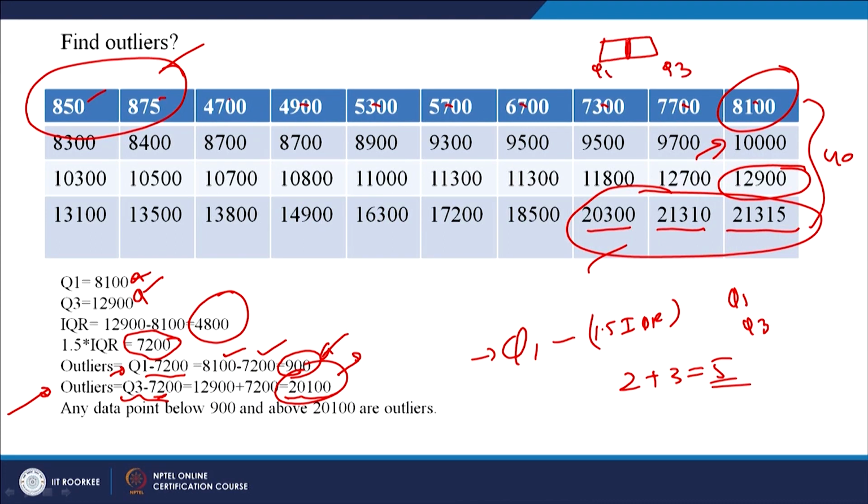If it is exactly in the center, then it would be normally distributed data. And we have seen how to find out outliers. Q1 minus 1.5 times IQR: those values which are less than this would be outliers, and Q3 plus 1.5 times IQR: all those values more than this would again be outliers.